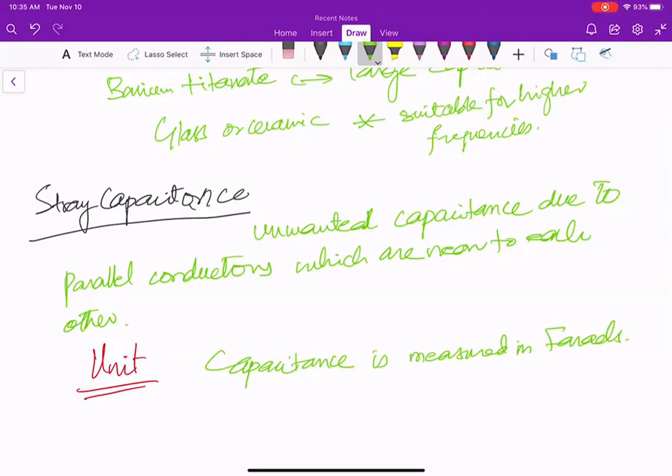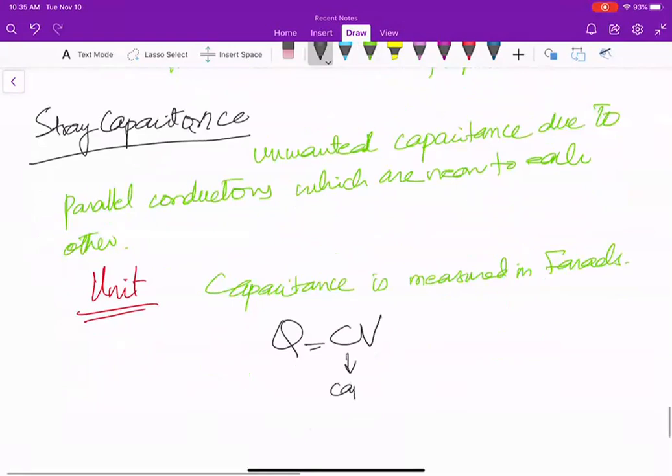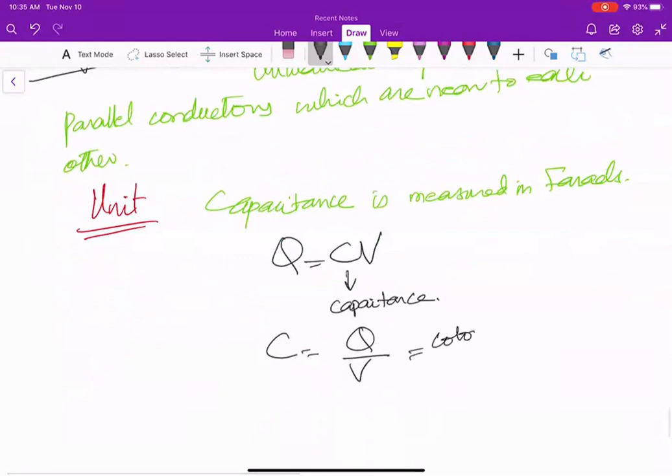Okay, and if you have Q equals CV, where C is your capacitance, this shows that C is equal to Q by V, which is coulomb by volts, equal to 1 farad.